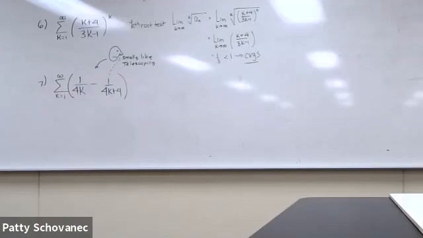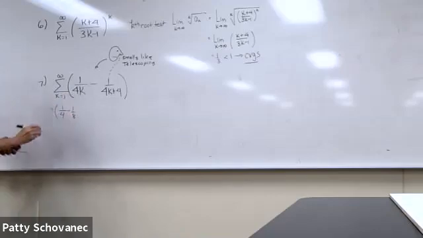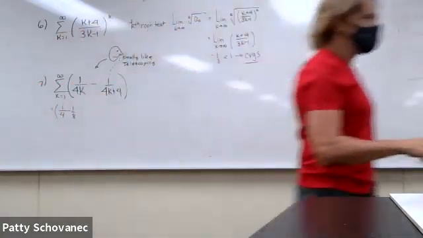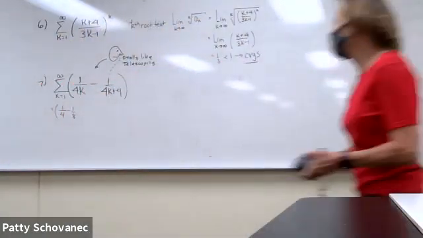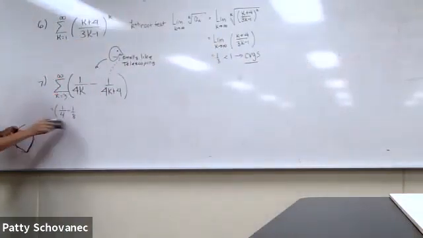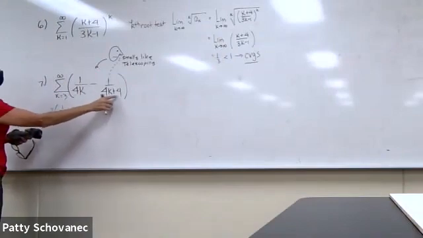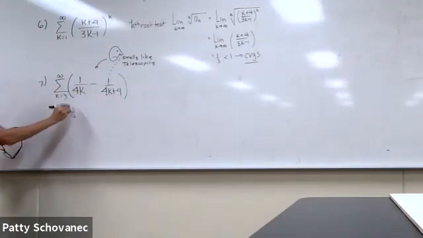All right, so I'm going to write out the first few terms and prove to myself that it's telescoping. When k is 1, I have 1/4 minus 1/8. Does k start at 1 on this one? Starts at 3. I think I saw anybody starting at 1, so let's start at 3. So instead I have 1/12. 12 plus 4 is 16.